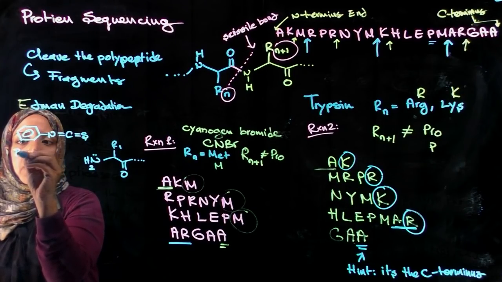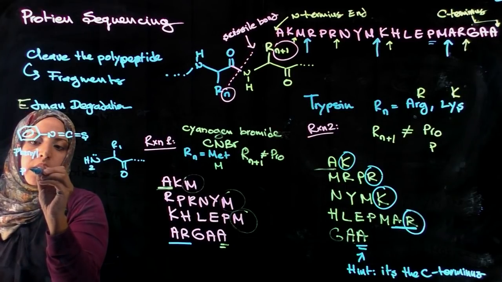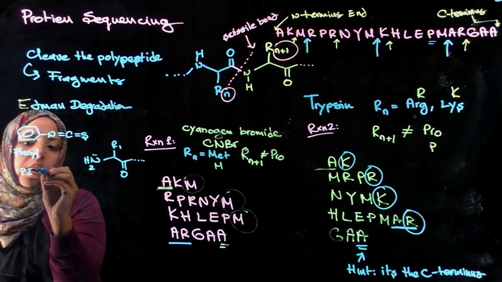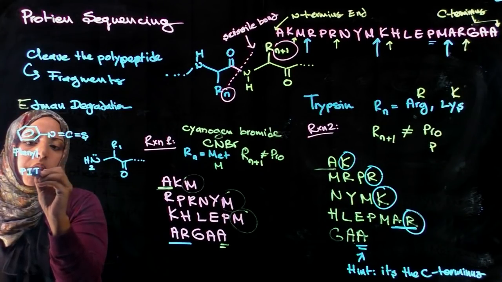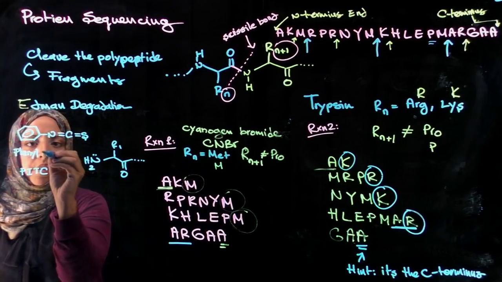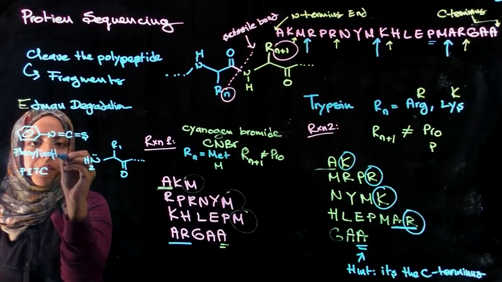P is known as a phenyl. I-T, phenyl isothiocyanate. It's called PITC, phenyl isothiocyanate.